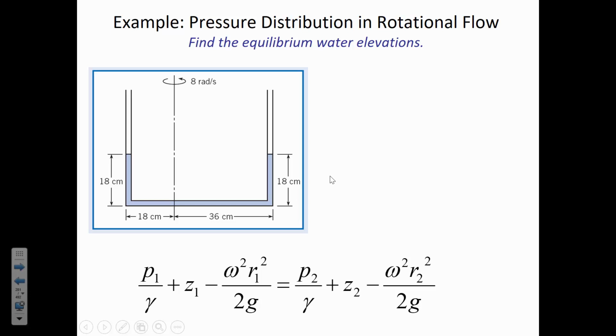We can find out what's the actual equilibrium height elevations of 1 and 2 when it's spinning at 8 radians per second. So another way we could say this, Z1 plus Z2 is 0.36. We could also say Z2 is 0.36 minus Z1. That's the same equation, right? It's just maybe that's going to be more useful.